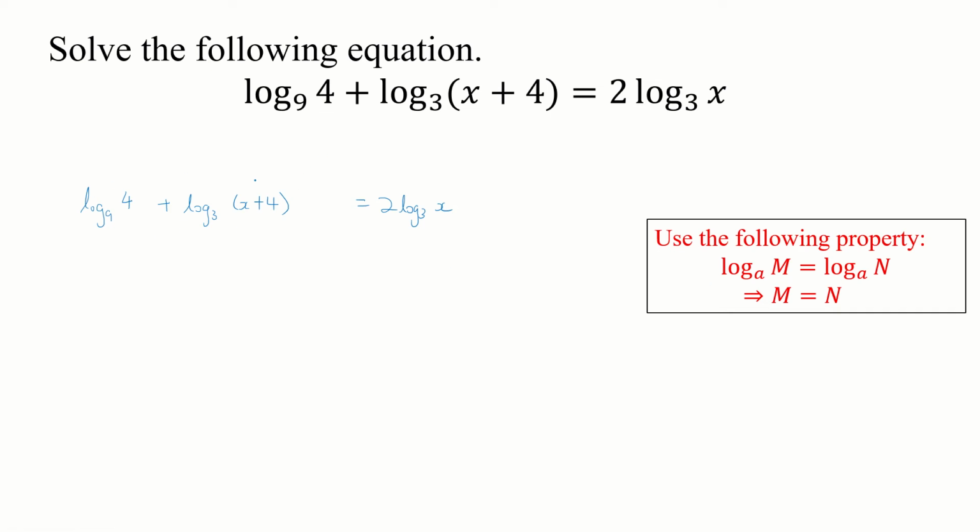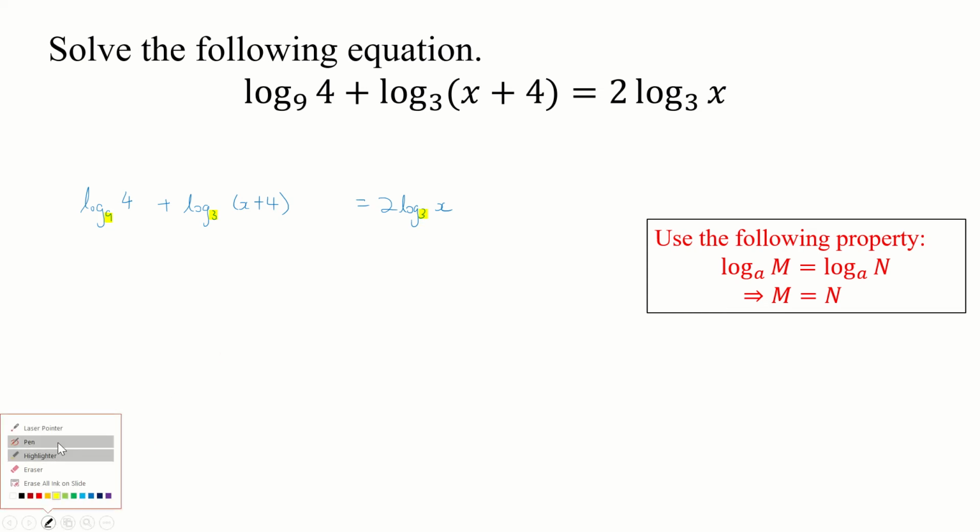But first of all, we must make sure that the left hand side of the equation must be a single log. But the problem is now I have two logs that have different bases. Here I have log base 9, whereas for the second log I have log base 3. And on the other side it's actually log base 3 also.